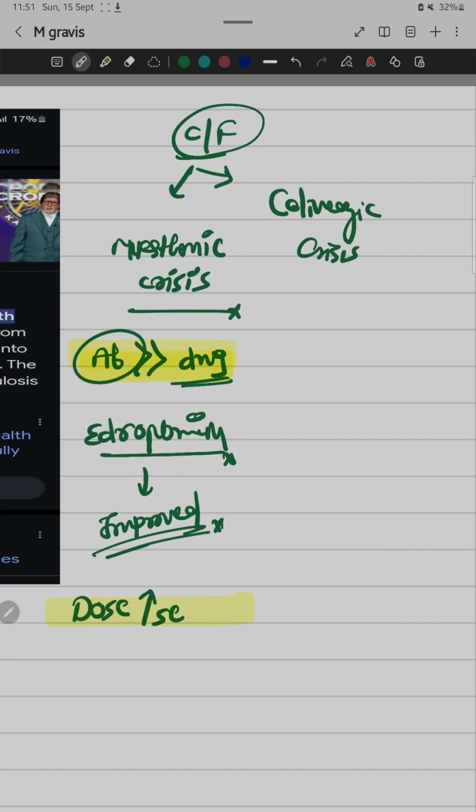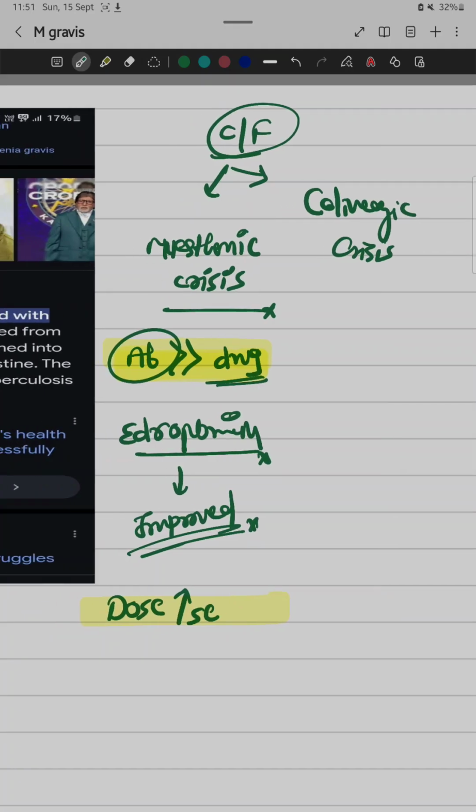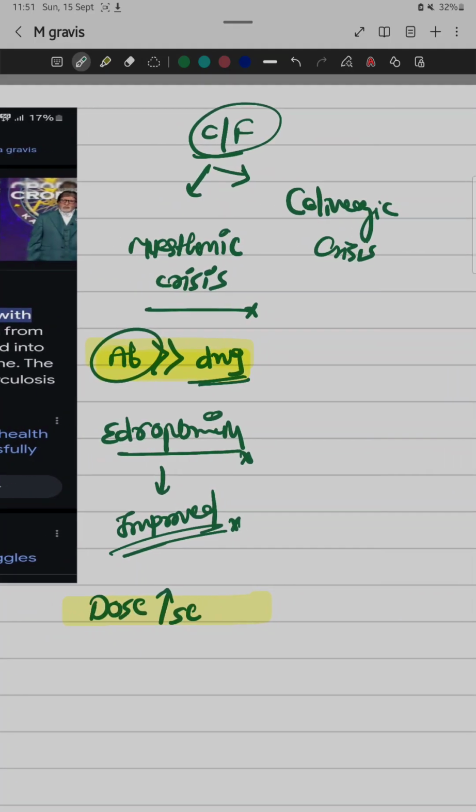If the person is in cholinergic crisis, the person will have the same symptoms: dysphagia, diplopia, difficulty in speaking, difficulty in chewing. In this condition, why is it there? Because repeated stimulation of the receptor made the receptor inactivated.